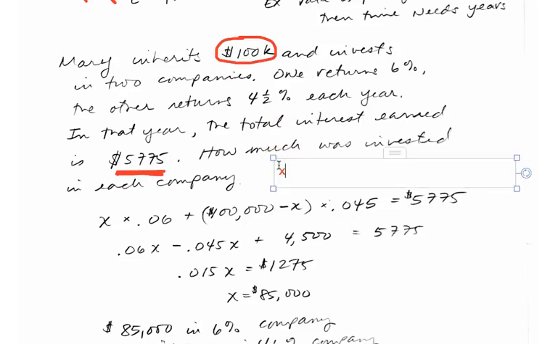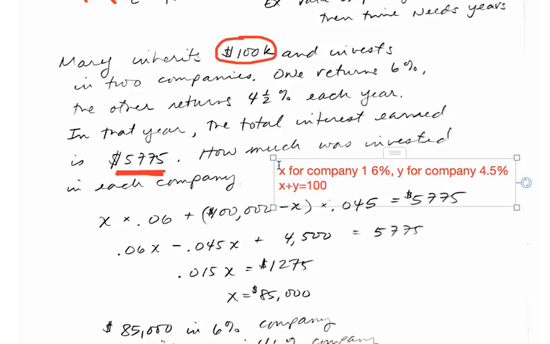We can think of it this way. We've got X for company 1, we'll call it the 6% company, and Y for the 4.5% company. We would know that X plus Y has to equal 100,000.